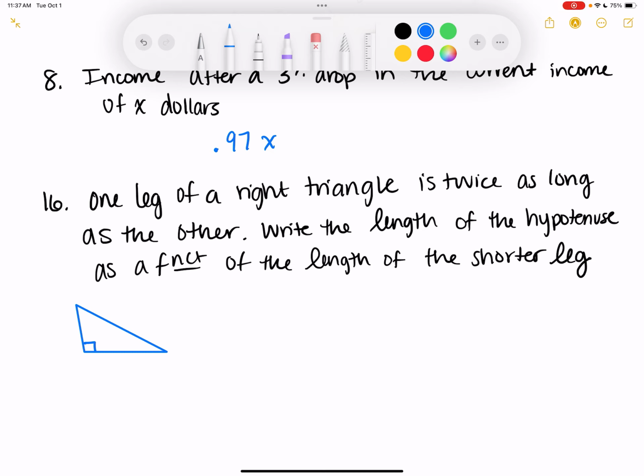There's nothing that says that it's x. Well, we could put it as x if we know that the other one's 2x. I'm not going to use x. So I know that one leg is twice as long as the other. I'm going to call them h.